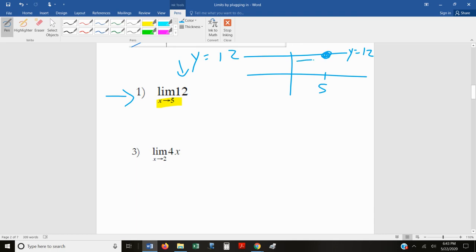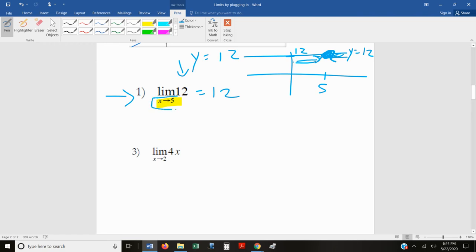No matter if you approach x equals 5 from the left or from the right, the y value there is going to be 12. On that horizontal line, the y value is always 12. So as x goes to 5, you can approach from the left and the right, but the y value is 12. So that's the graphical view of that one.